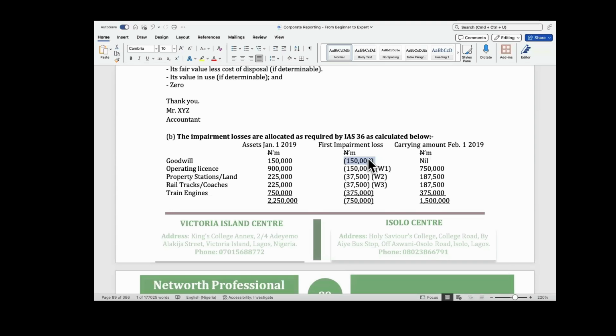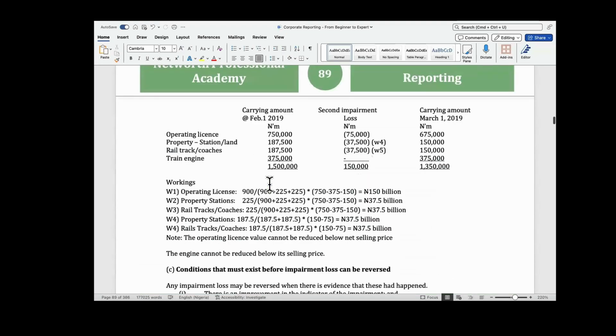So this 225 now, we are going to share to the remaining assets on a pro rata basis, and the remaining assets are the license, the property stations, and the road tracks. So let's see how we'll share it, using their carrying amounts. Let's go to our workings.